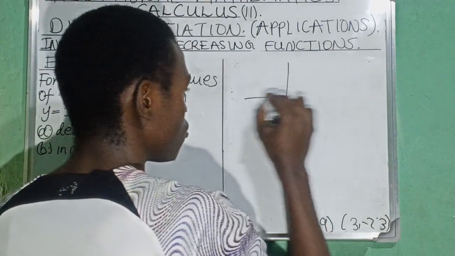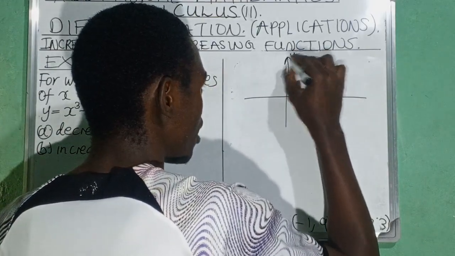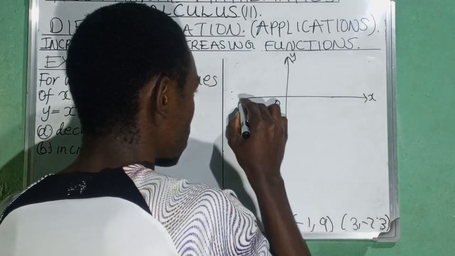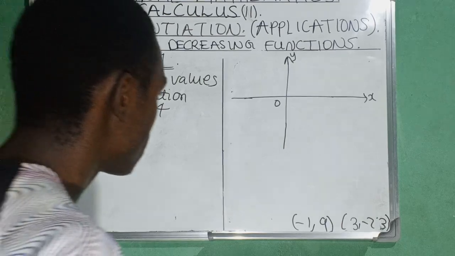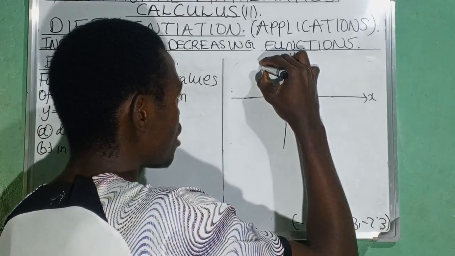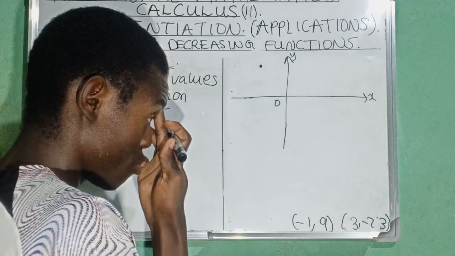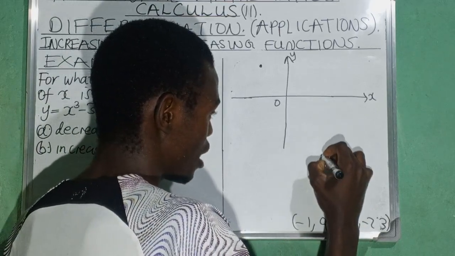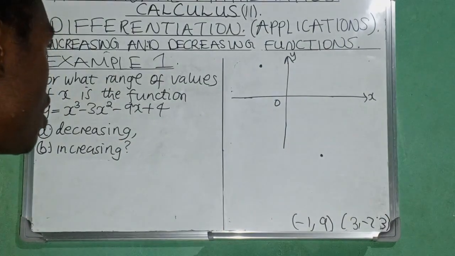So if we were to sketch, where this represents the y-axis and there it represents the x-axis, of course that is the 0. Negative 1 comma positive 9 should be somewhere there. And then we have positive 3 somewhere this side, comma negative 23 somewhere down there. Okay? Like that.